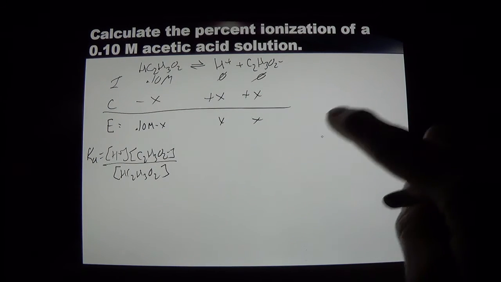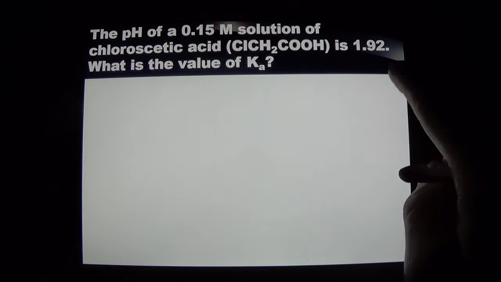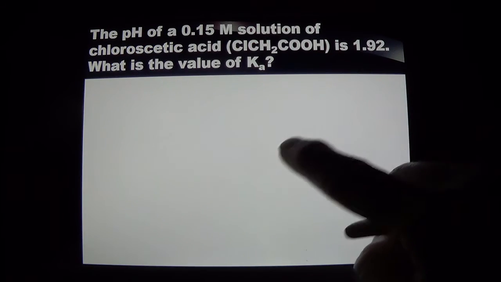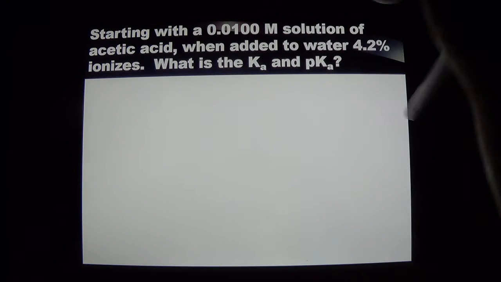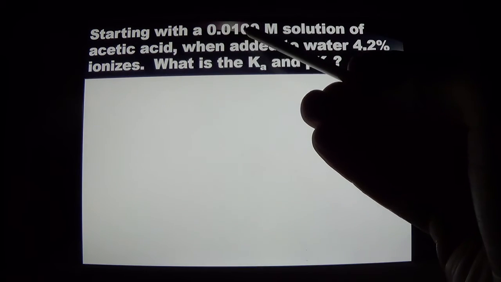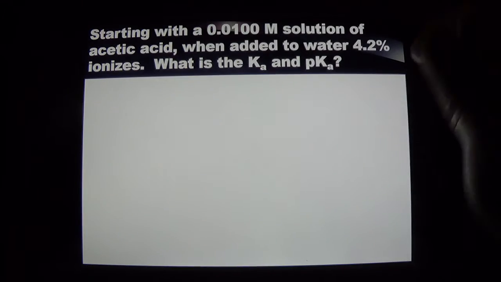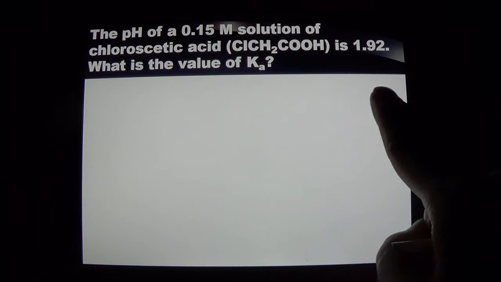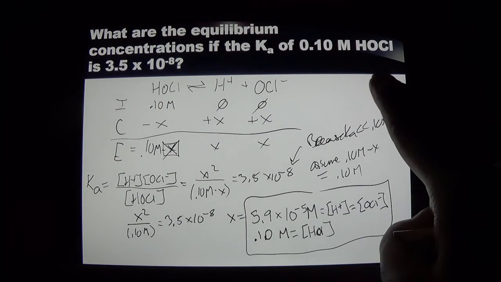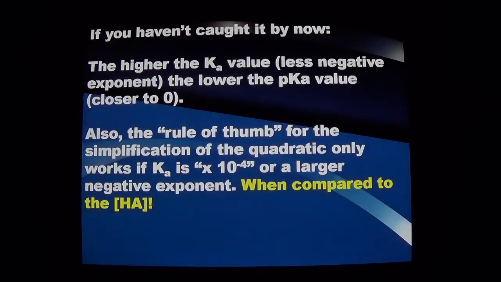Okay, so check this out. Right here, we found a Ka for acetic acid. It's something we already did in our notes. And here's the best part.